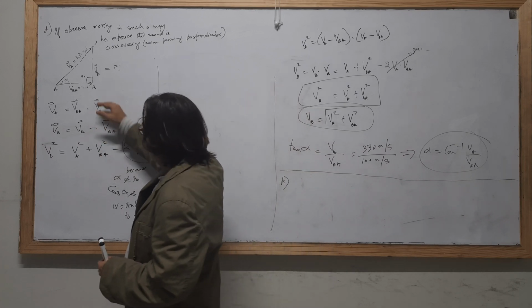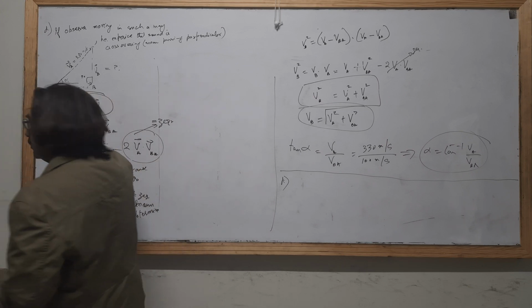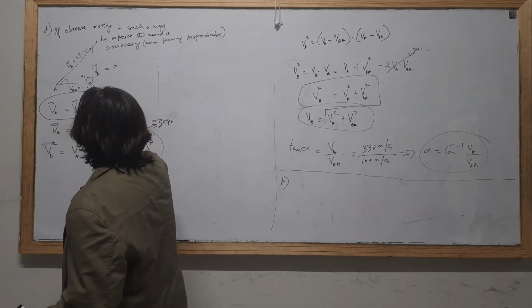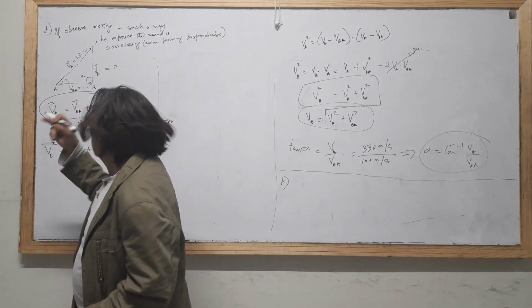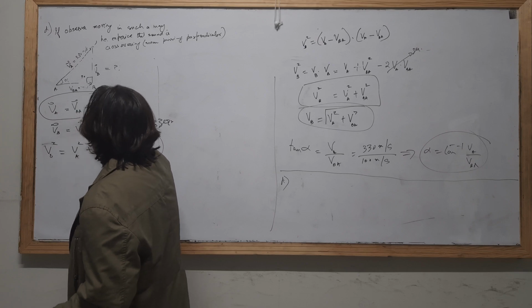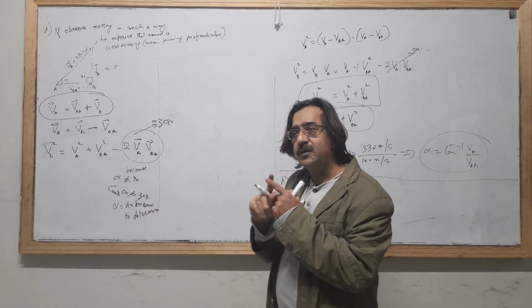Now we have considered this, to solve, because the angle between VA and VB is 90, okay, angle between them. So we will solve it.